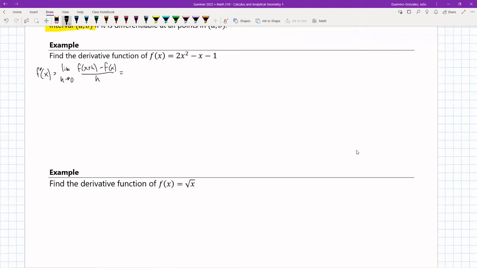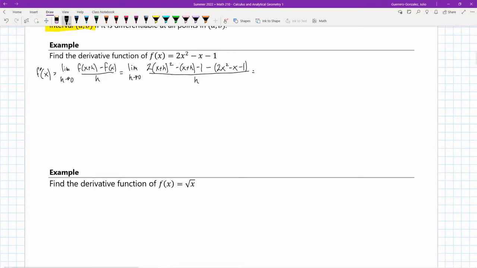So it's exactly how you would think. The limit as h approaches 0 of 2(x plus h) squared minus (x plus h) minus 1 minus f of x, 2x squared minus x minus 1, all over h. I'm going to go ahead and expand all of this as much as possible.